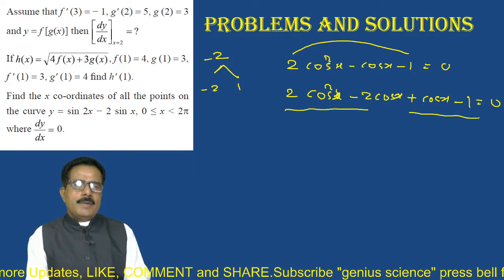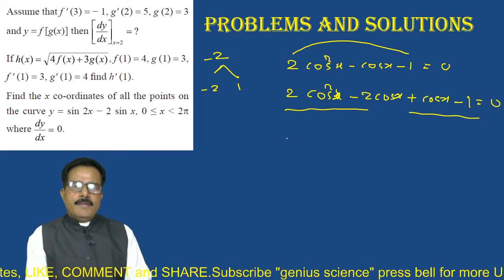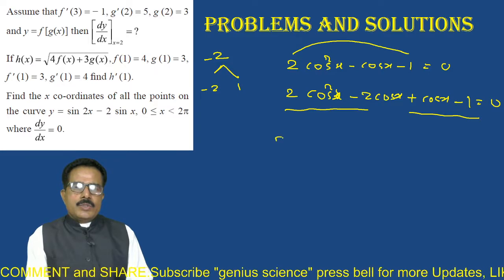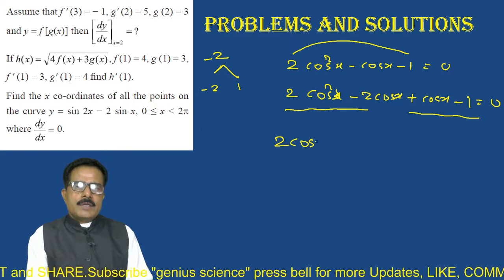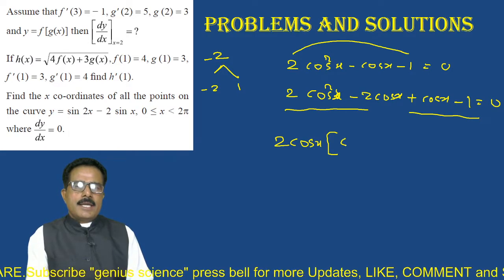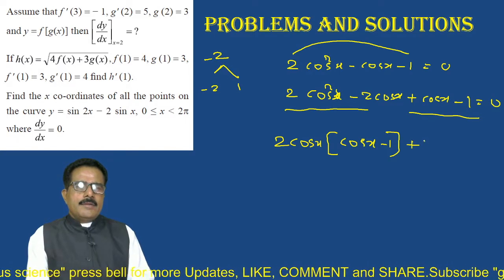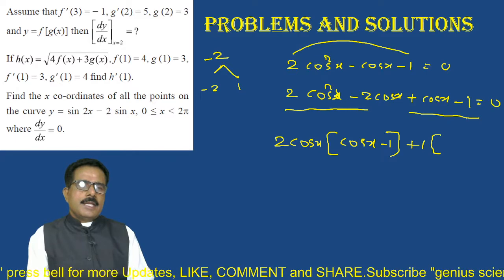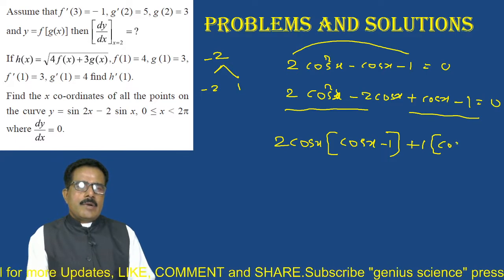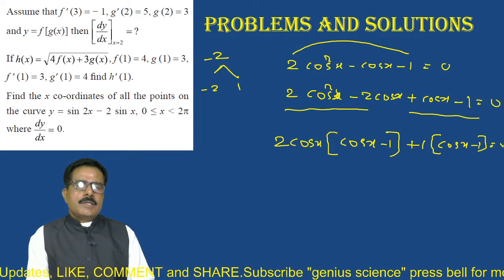Now take out a common from the first two parts, that is 2 cos x is the common term, remaining terms are cos x minus 1. Again 1 is the common from the second two terms, cos x minus 1 equals 0.